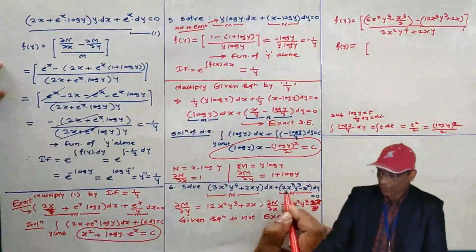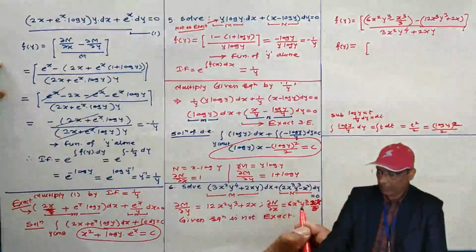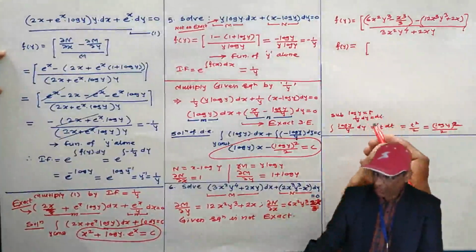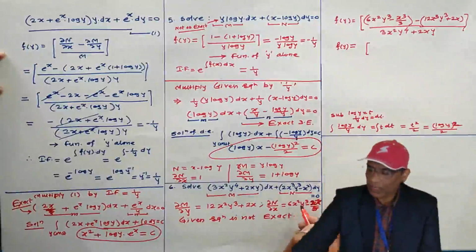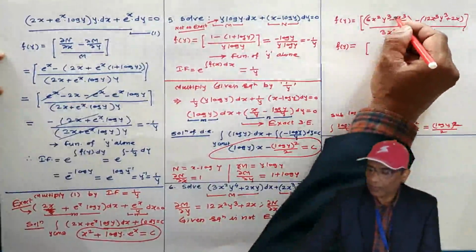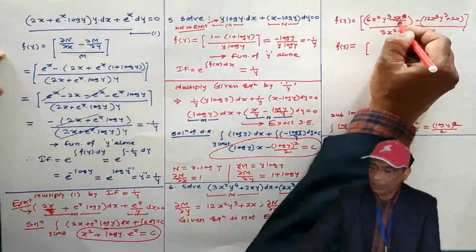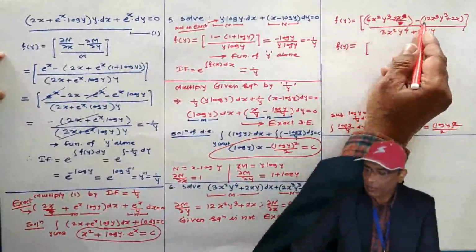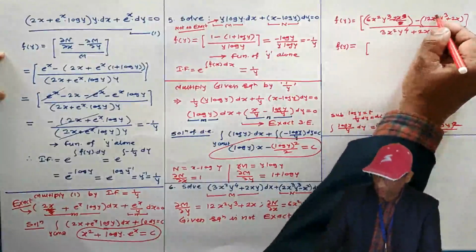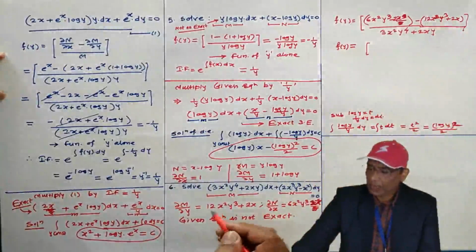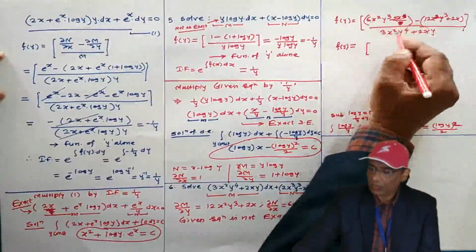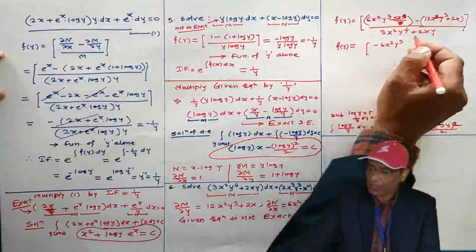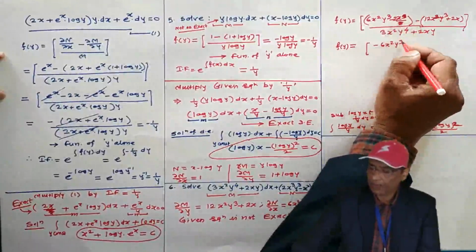The derivative of 6x square y cube is okay. So here I have to write 2x. Now 6x square y cube minus 12x square y cube is, yes, minus 6x square y cube, and minus 2x minus 2x is minus 4x.